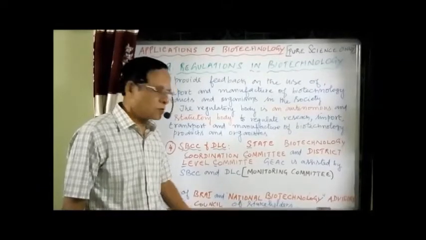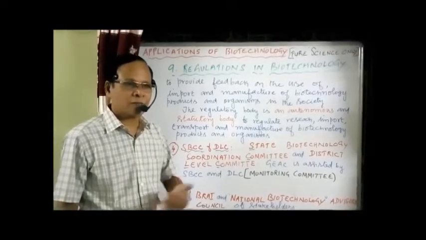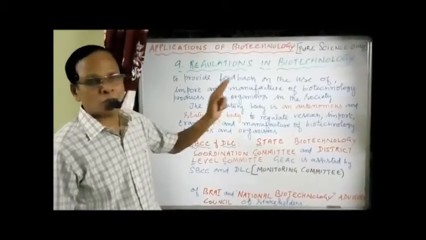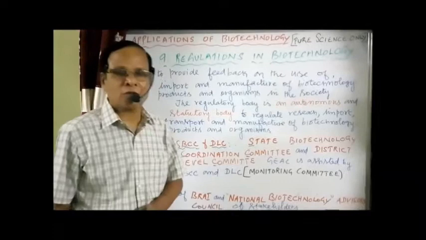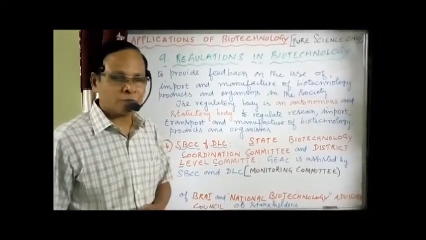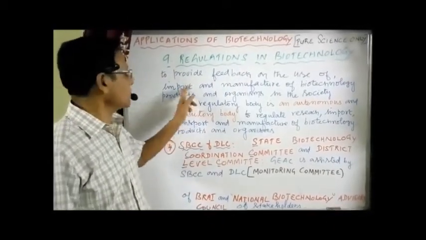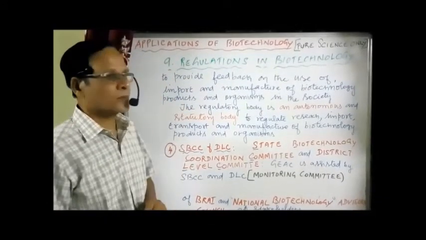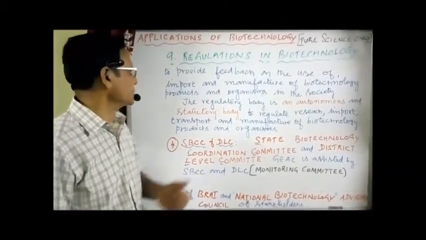I mentioned already that stakeholders are the independent party with whom the money is deposited or managed. What for? To provide feedback on the use of, import and manufacture of biotechnology products and organisms, that is, genetically modified organisms in the society. So all of these are set up to oversee the performance.